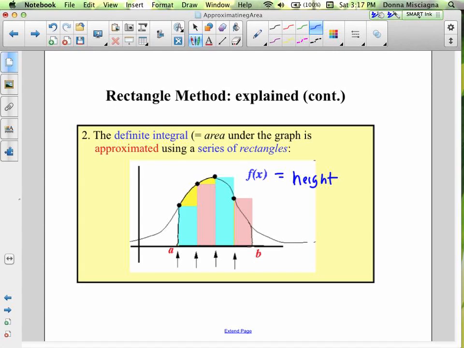It's not going to curve at all. So if I put these particular ones for this f of x, the height is equal to the left endpoint.